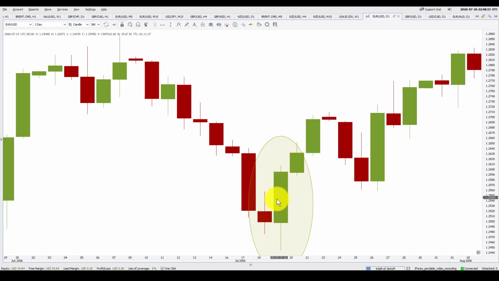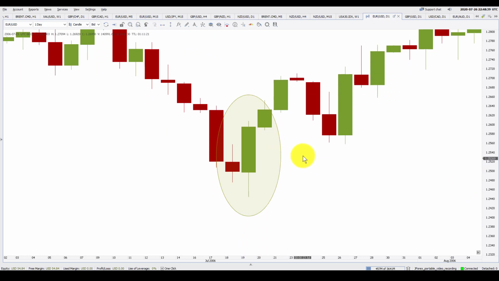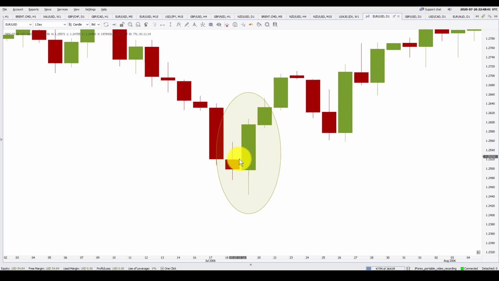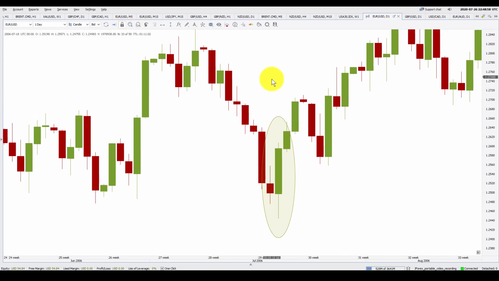But I'll say that this candle was not worth trading, although it contains all the things that are necessary for a bullish engulfing pattern to form, but it lacks one thing from the risk management point of view. I'll explain to you now.